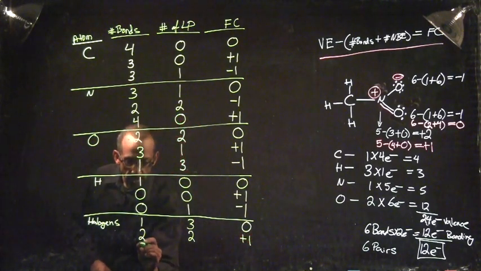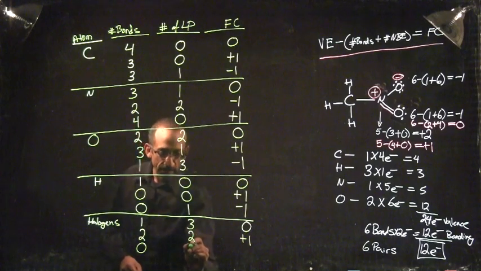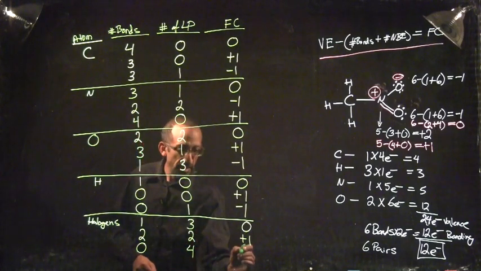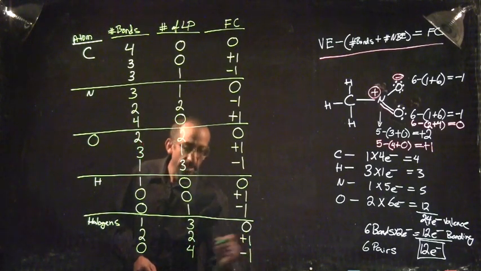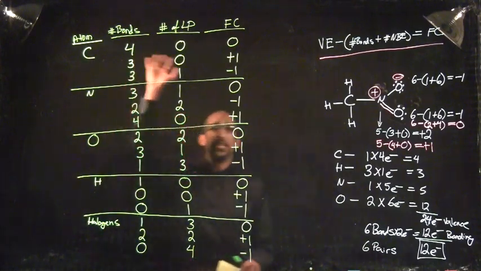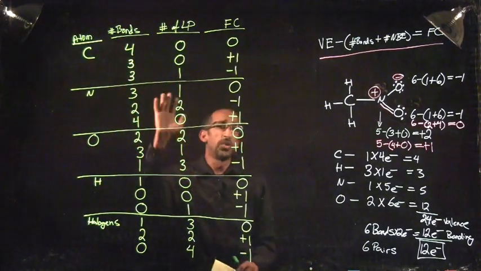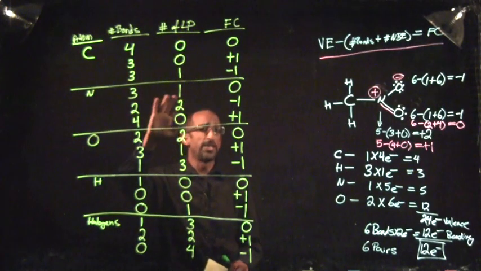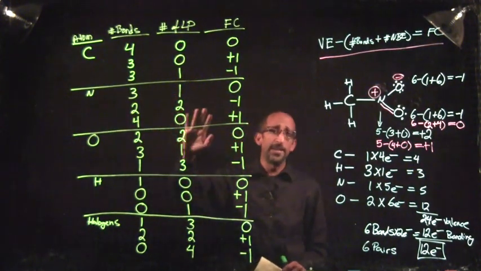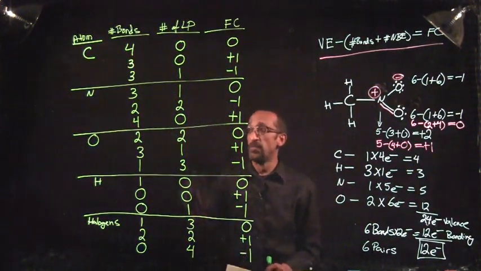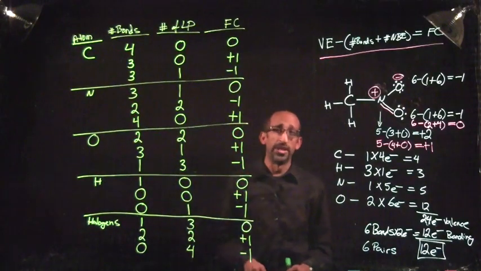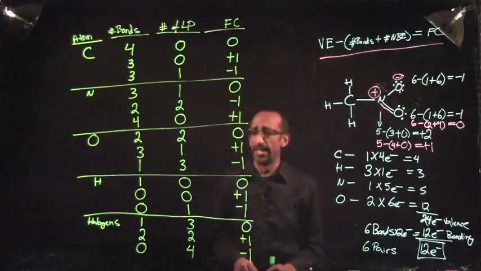And if I have no bonds to the halogen, 4 lone pairs, the formal charge will be negative 1. And so this table that I've put up here will cover the overwhelming majority, as I've said, of the situations you'll encounter with the most common elements we interact with in organic chemistry.